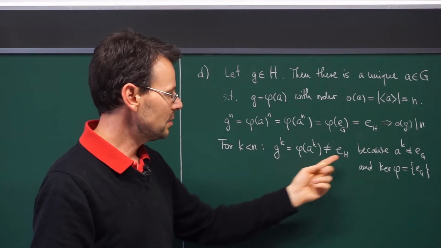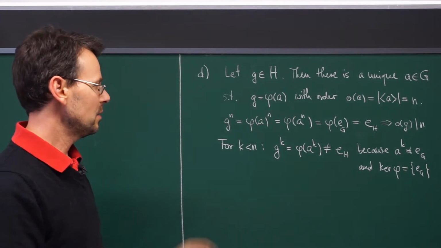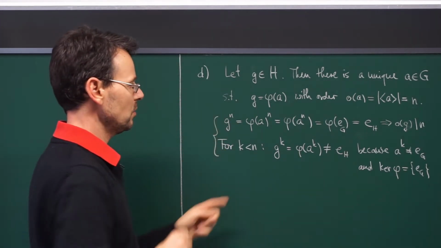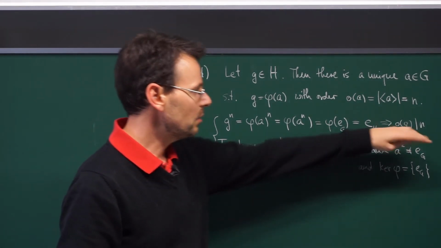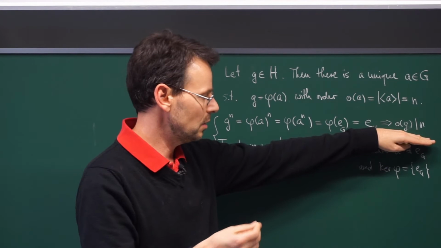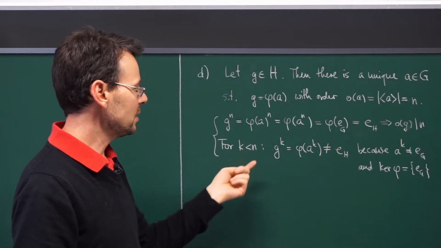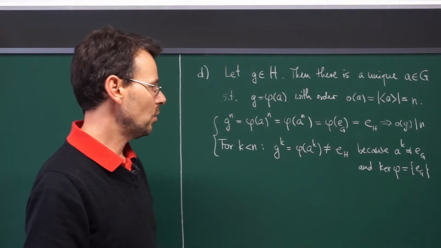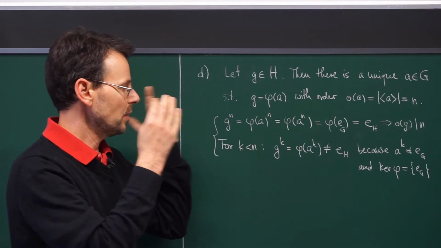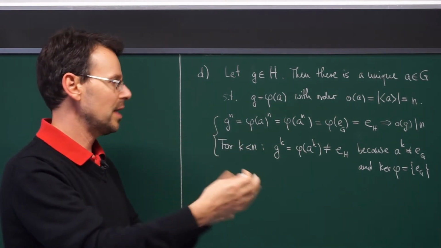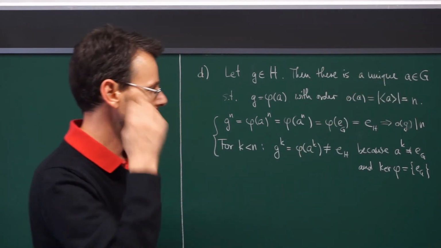And by definition, this means that this guy cannot get mapped to the identity. And this taken together shows that n actually is the order of G. The order could be smaller, but this shows n is the smallest natural number such that this holds. So as explained before, isomorphic groups contain the same number of elements of a given order n. N was any natural number here.